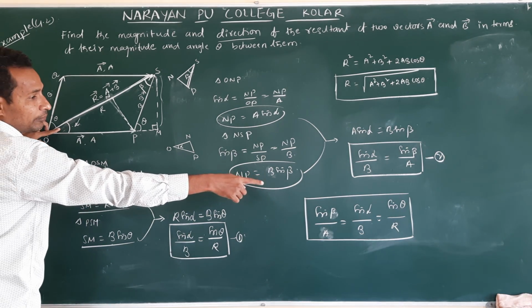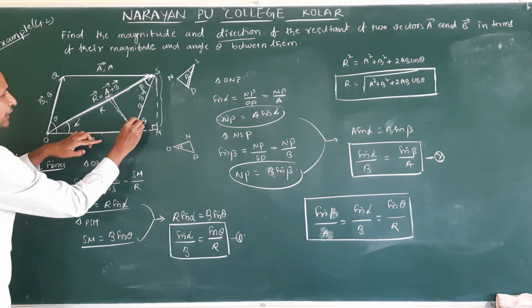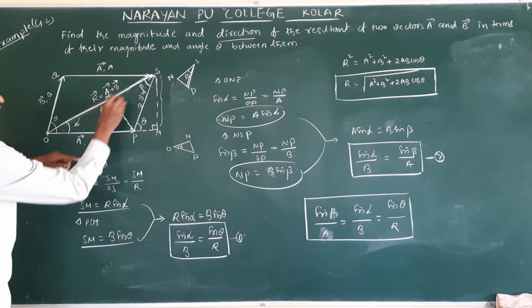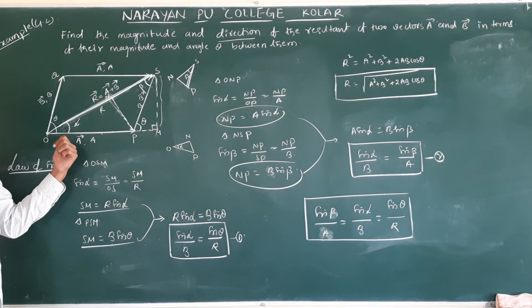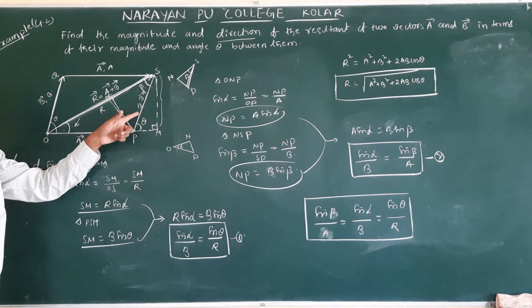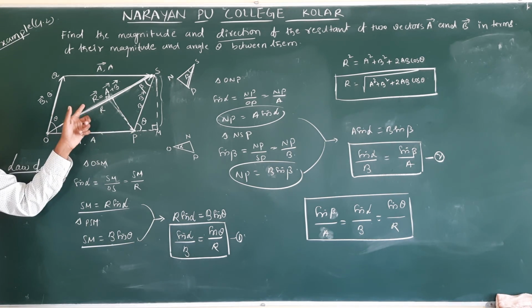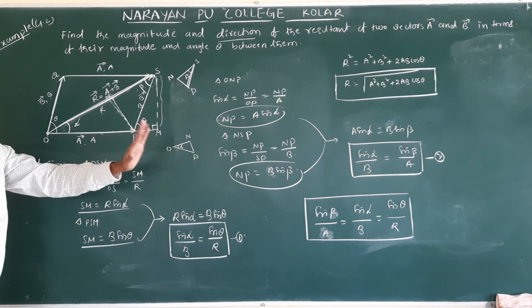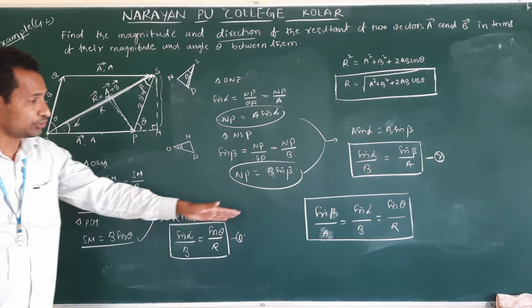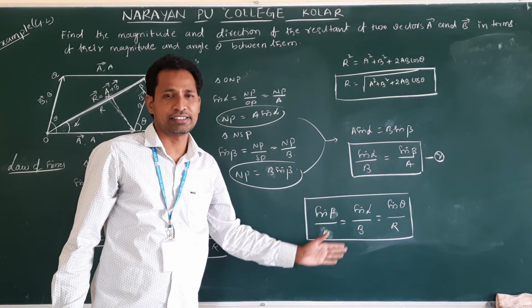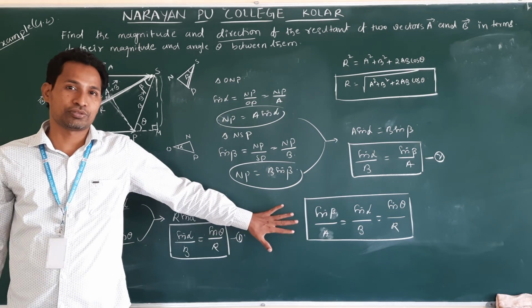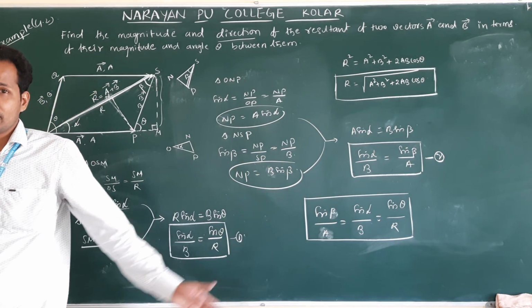Next, sin theta, where theta is here; the opposite side is R, so sin theta by R. Angle and opposite vector magnitude, ratios. That is called sines, not cos. So this is sin beta by A, sin alpha by B, sin theta by R. This is called the sines law. It helps to solve numerical problems in competitive exams.